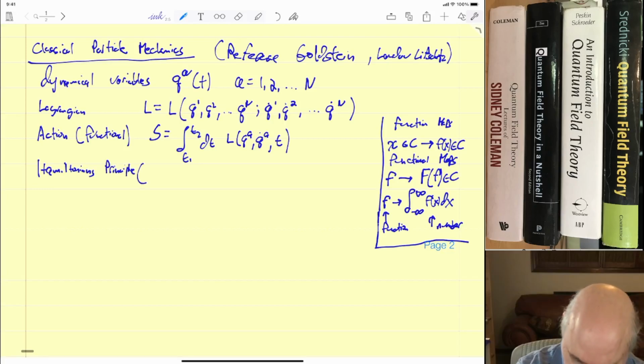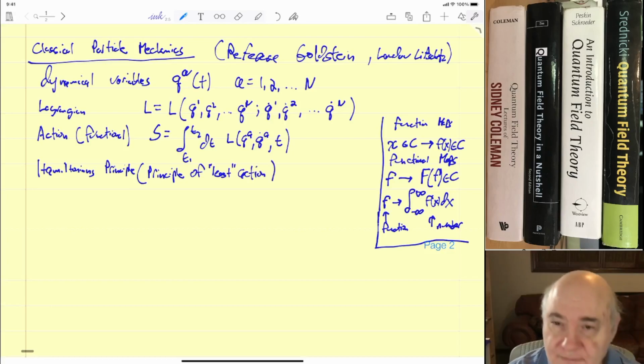Nowadays we refer to it as the principle of least action. I'll put this in quotes. The reason why I put least in quotes is because it's just an extrema. It could be a maximum, it could be a minimum, or it could be a saddle point. So it's just saying that something is zero.